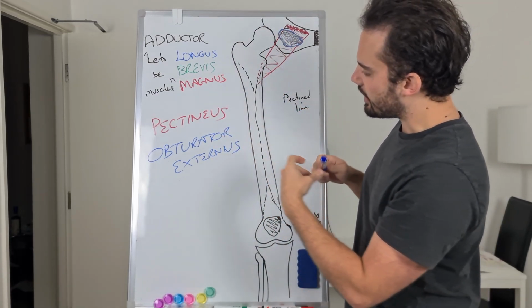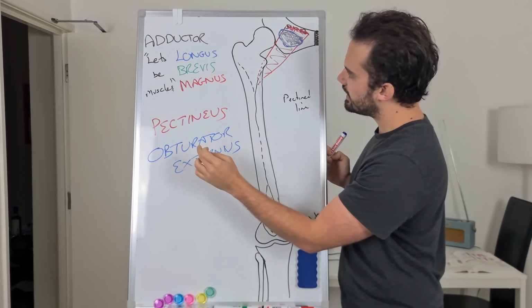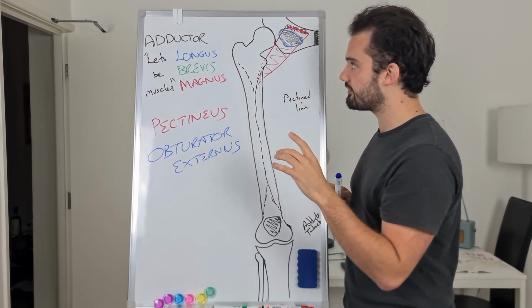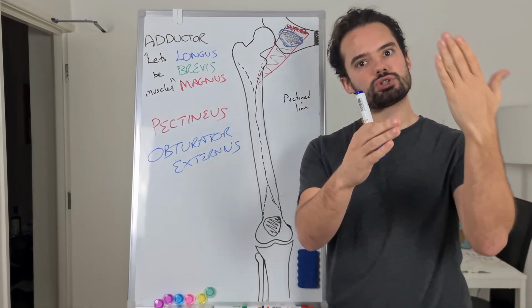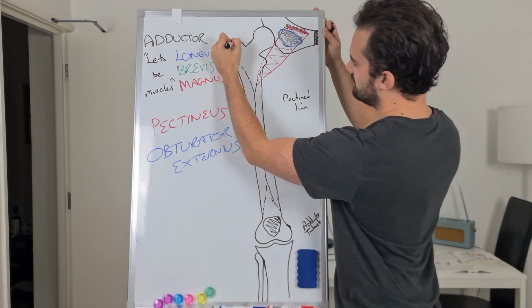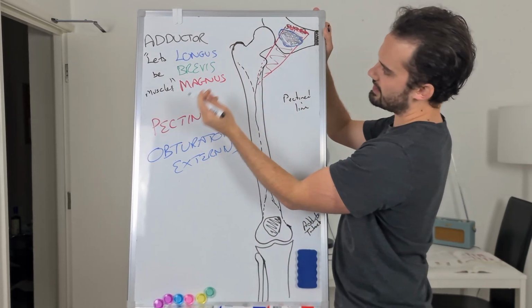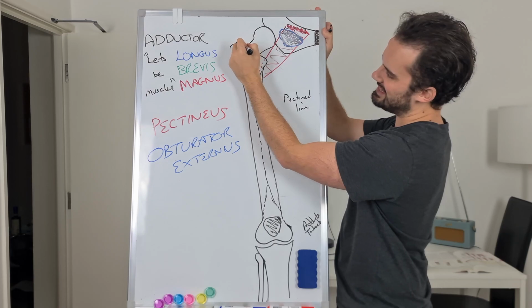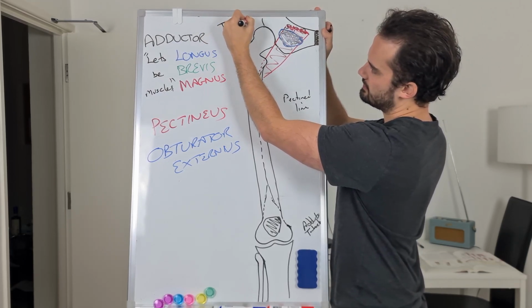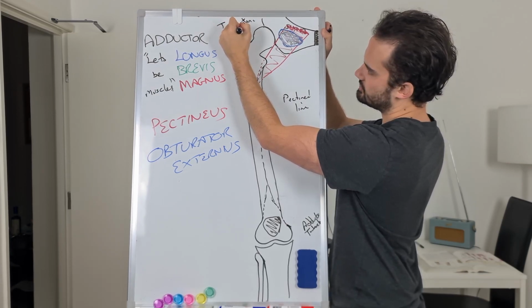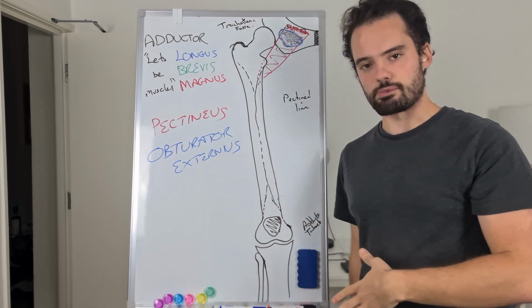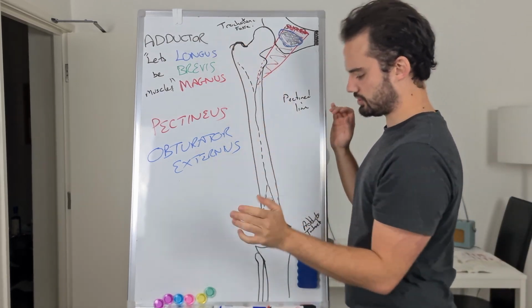And then the obturator externus muscle inserts onto something called the trochanteric fossa. Now the trochanteric fossa is mostly on the posterior aspect. If this is your greater trochanter, then this little dip is your trochanteric fossa. So it's still posterior femur, but it's very high posterior femur.